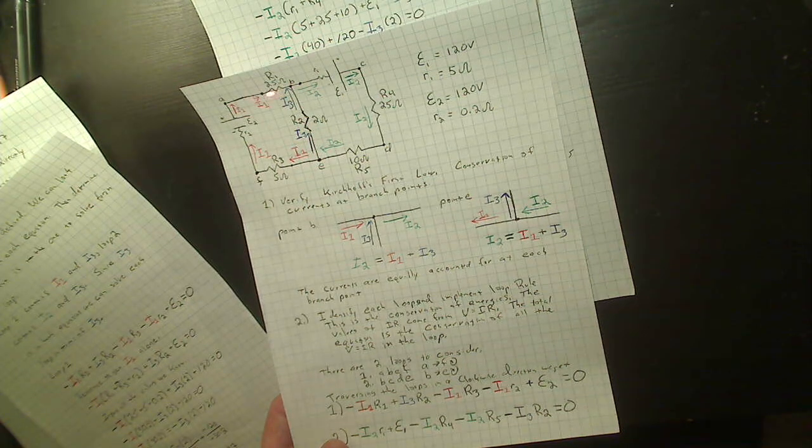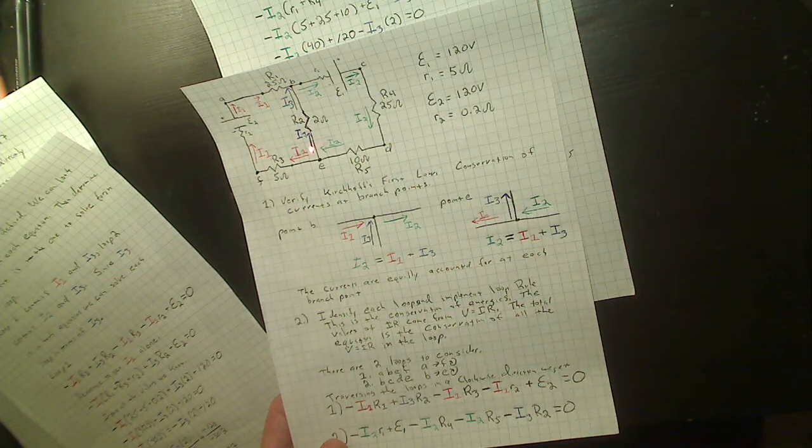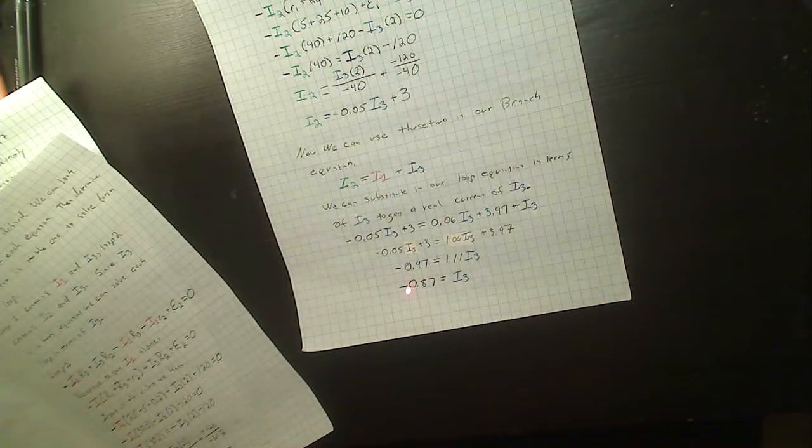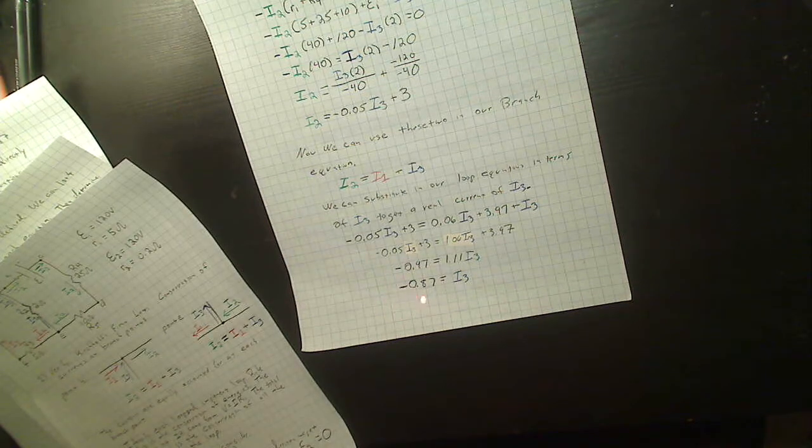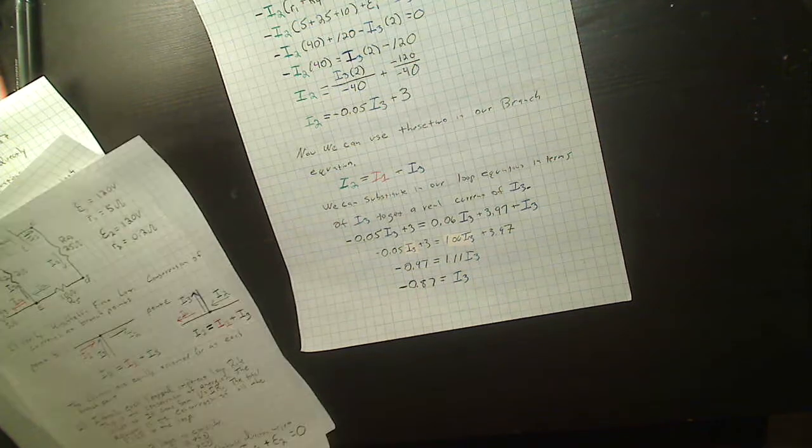So there's 0.87 amps of current moving in this direction. We can't have a negative current, but the minus sign just means that the direction is opposite of what is written on our circuit.